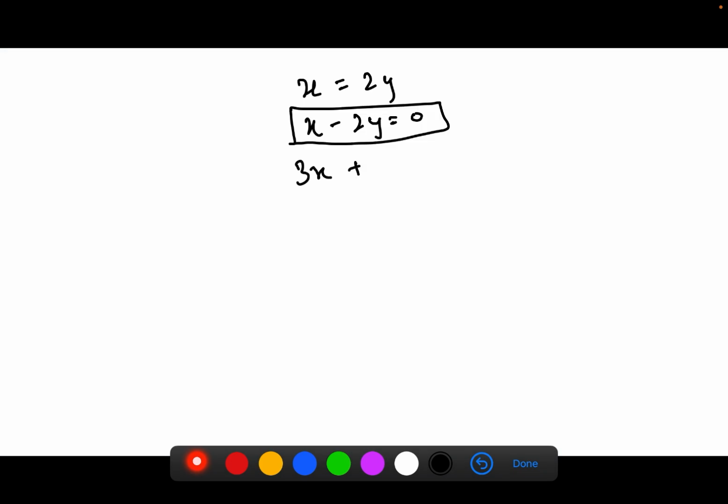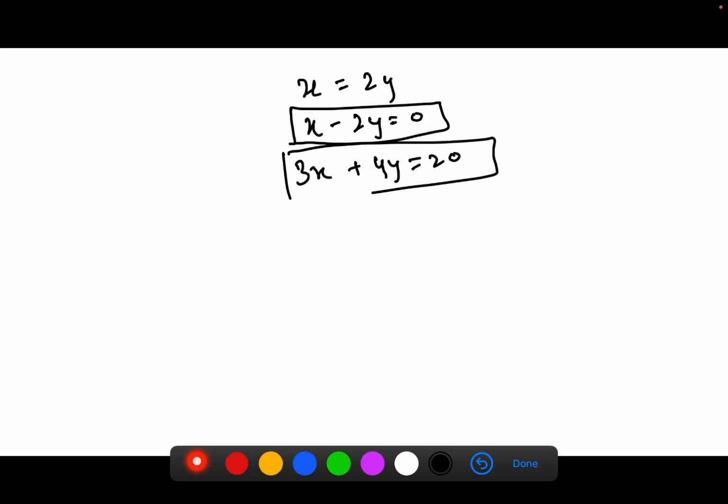Now we can say x is equal to 2y, or x minus 2y is equal to 0. This is equation 1, and 3x plus 4y is equal to 20 is equation 2. From the first equation, x is equal to 2y. Put this value of x in the second equation: 3x plus 4y is equal to 20.